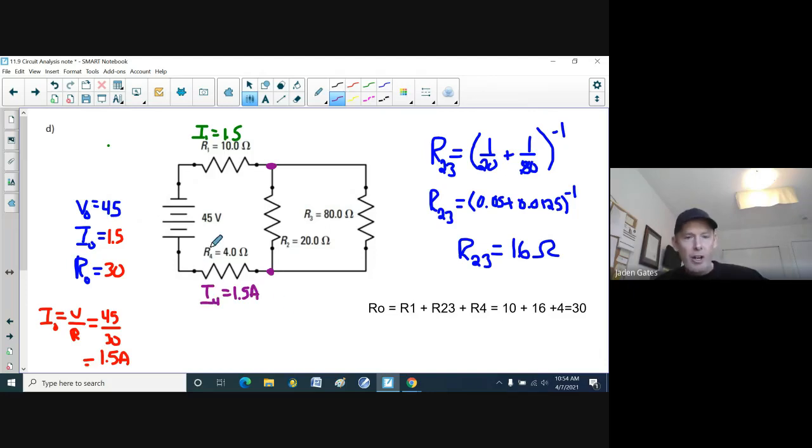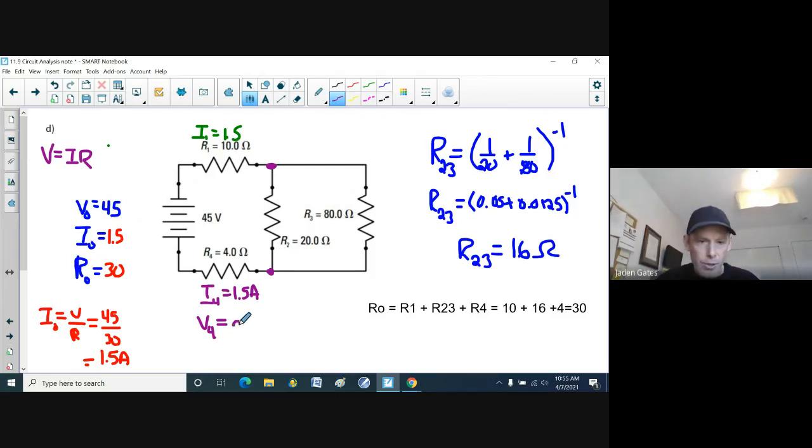All right. Now, how is that going to help me out? Well, I have got an I and an R here on both load number 1 and load number 4. So I can use my formula, V equals IR, to find the voltage through both load number 1 and load number 4. So V4, well, let's see here. I'm going to take 1.5 times 4. I think that's just 6. And it is.